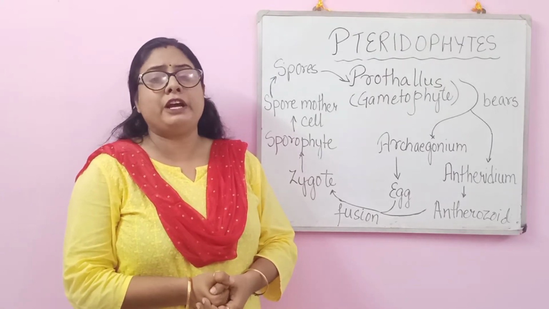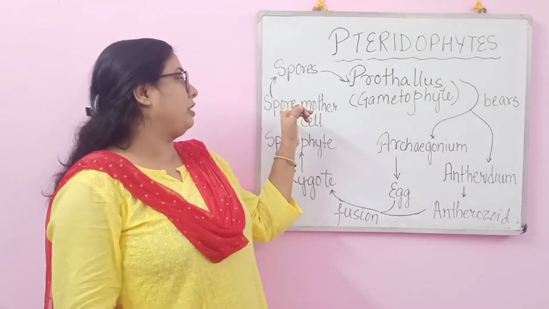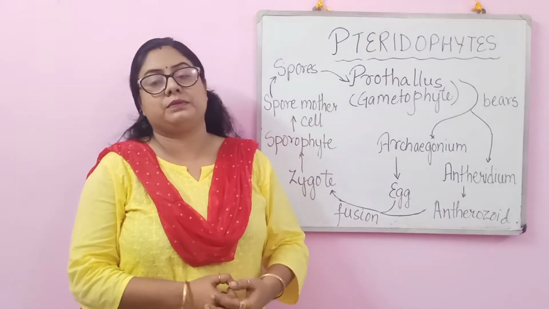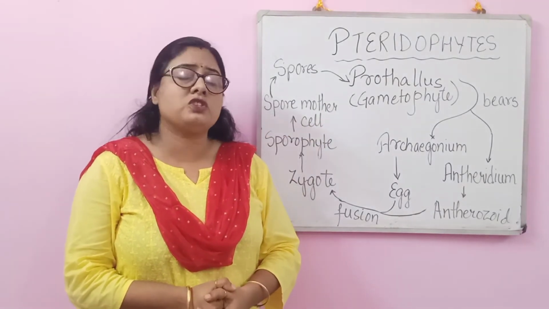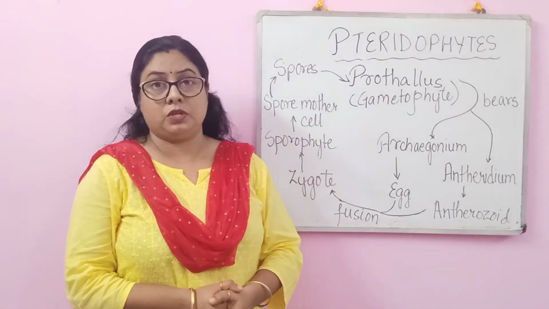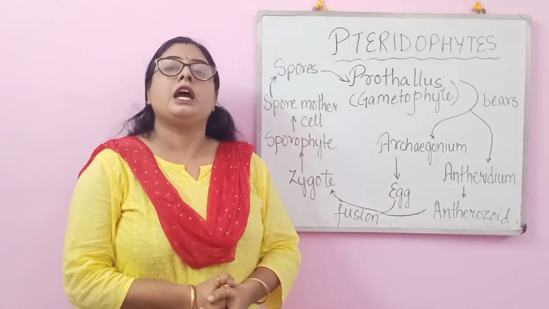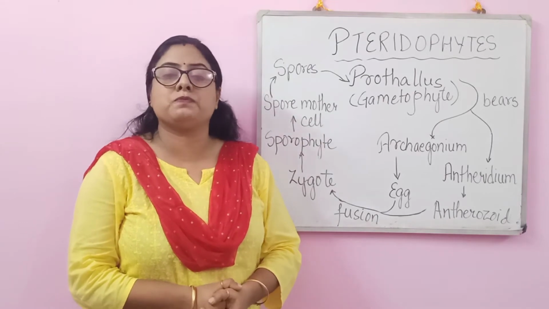The sporophyte produces spores in specialized structures known as spore mother cells. These spores can be homospores or heterospores. Homospores are similar kinds of spores. Heterospores are dissimilar types of spores.